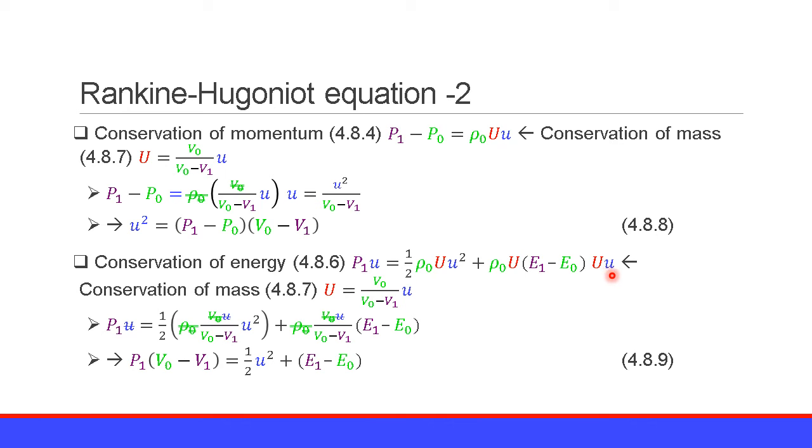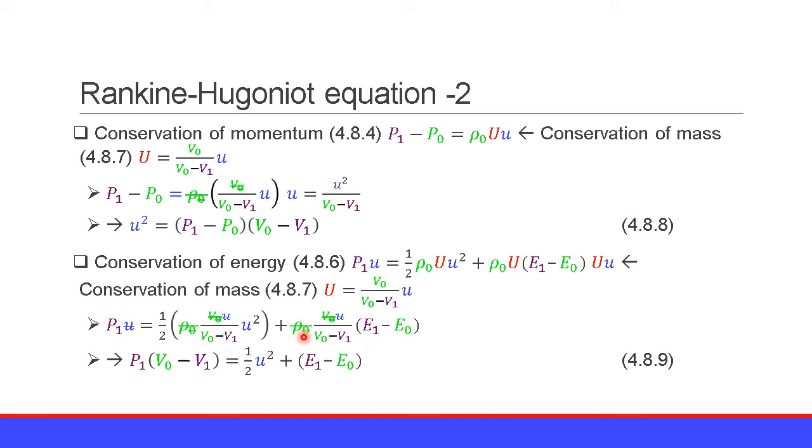By the conservation of mass, equation 4.8.7, U equals V0 over V0 minus V1 times u. Then P1 u is equal to 1 over 2 rho 0 V0 u over V0 minus V1 times u squared, plus rho 0 times V0 u over V0 minus V1 times E1 minus E0.